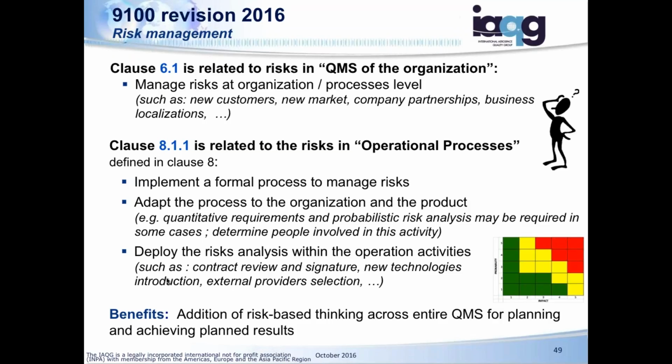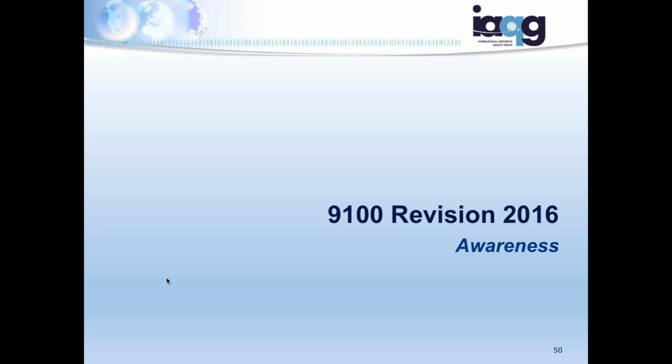You need to identify who's responsible, what the criteria are, how you're going to mitigate it, and so forth, just like we have in the standard today. The benefit is that now we have not only how I'm going to mitigate risk in my operations, my product risk, but also the expanded view of risk across my whole quality management system.